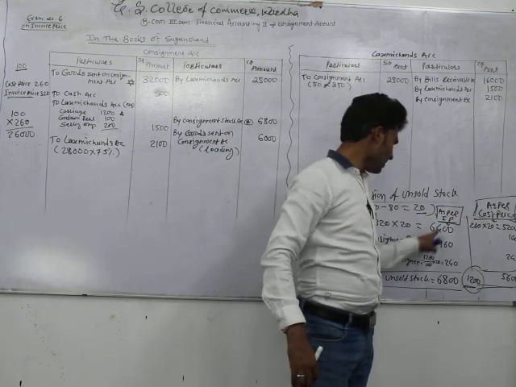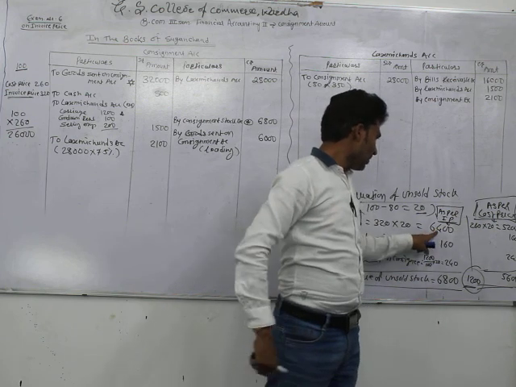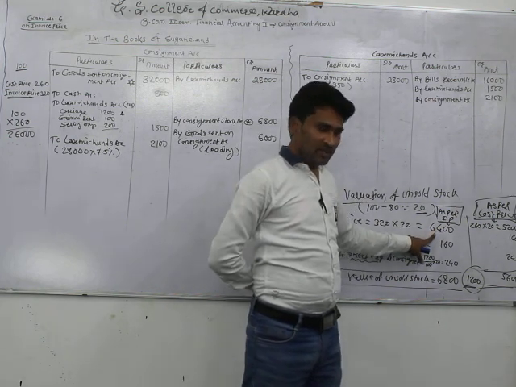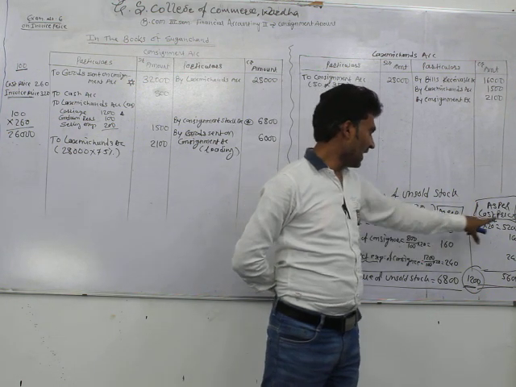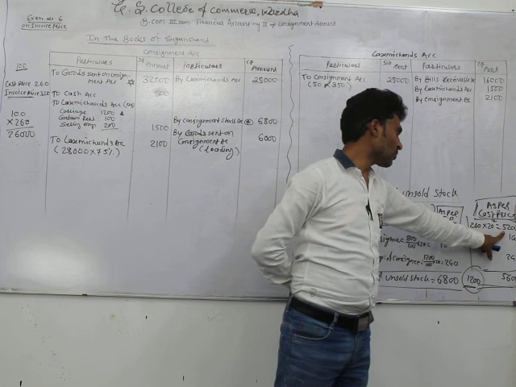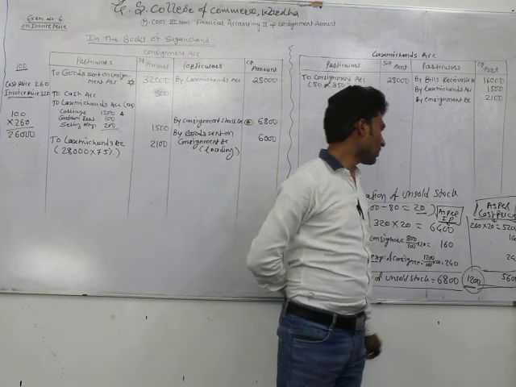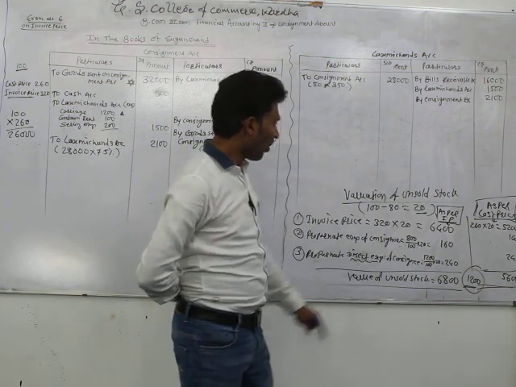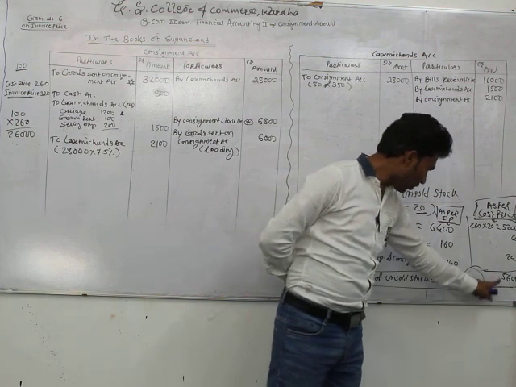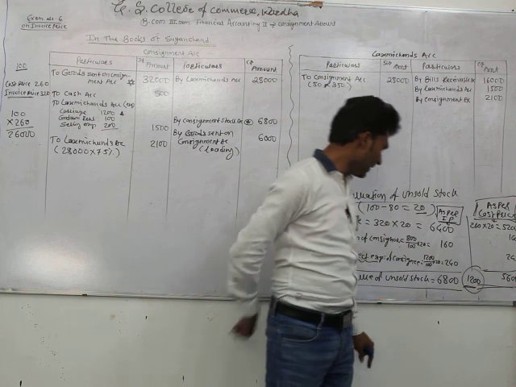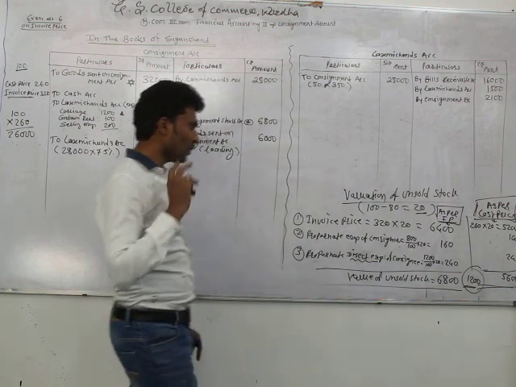Just there you have the difference. As per invoice price, the value of unsold stock is rupees 6,800, and as per cost price it is rupees 5,600. There is a difference of rupees 1,200.